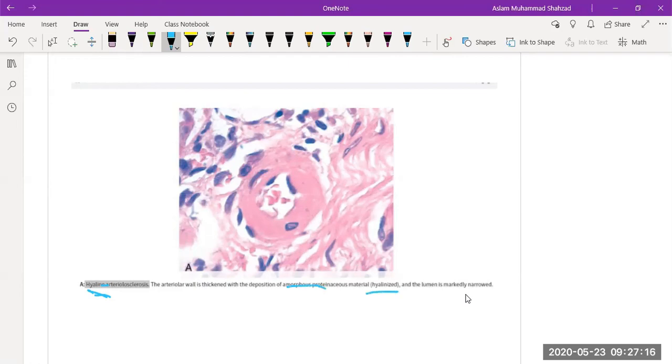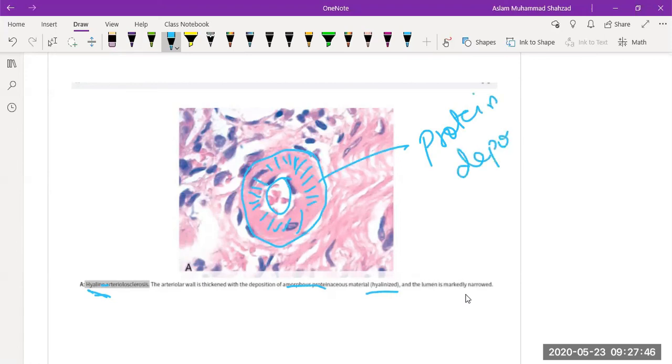This deposition of hyalinized material is responsible for benign hypertension, and you can see in this structure that the lumen space becomes narrowed, and the surrounding space is occupied with proteinaceous material, a protein-like material or protein deposition, and that protein deposition is explained in terms of the presence of hyaline.